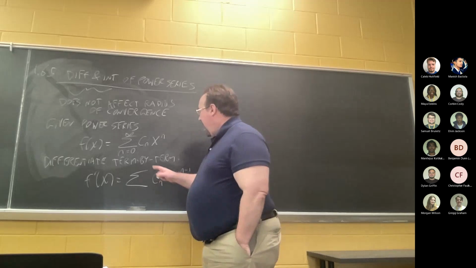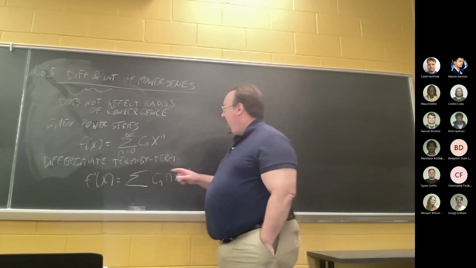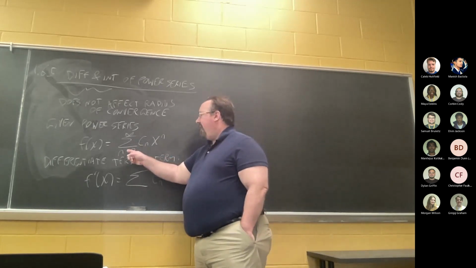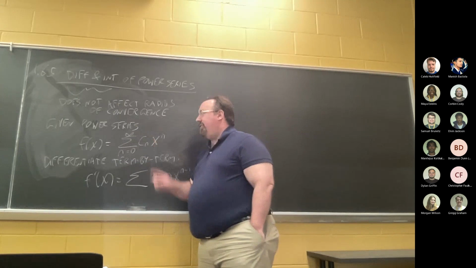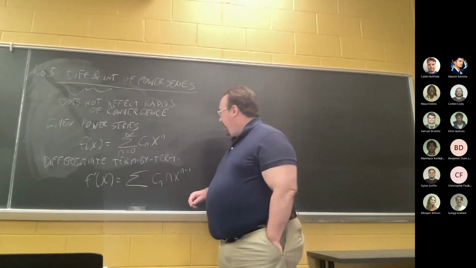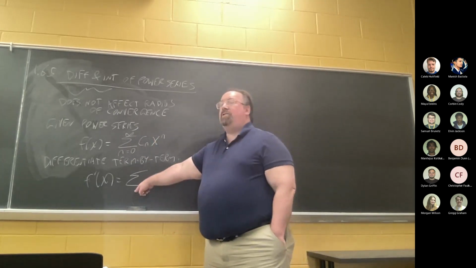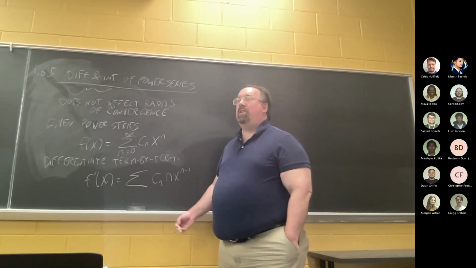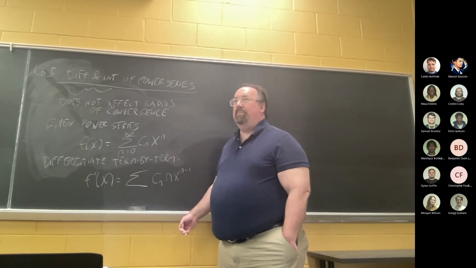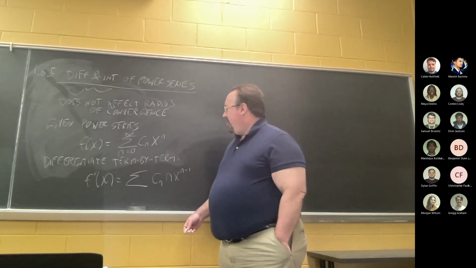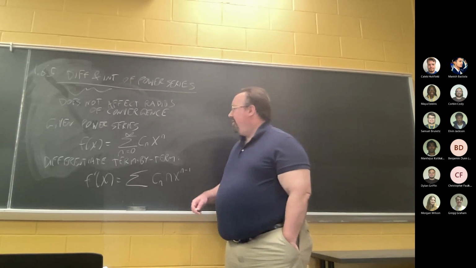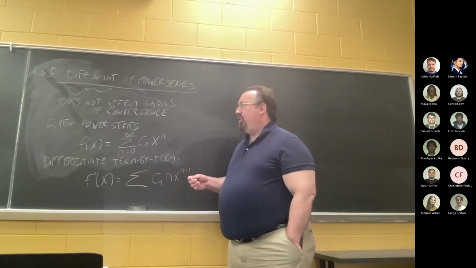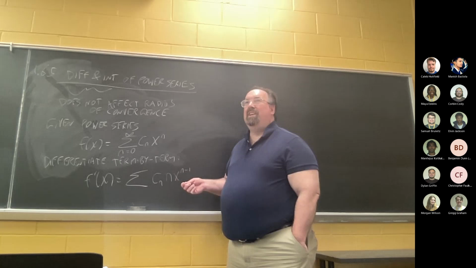Now, I haven't written my limits here, but I want to point out, if this starts at n equals 0, so I'm going from 0 to infinity, where's this going to start? I mean, I could start it at 0, but if you keep in mind terms that might be 0, then you don't need to include them.